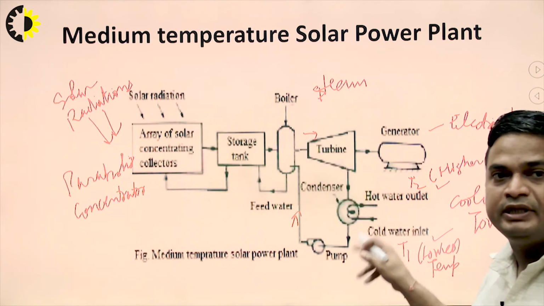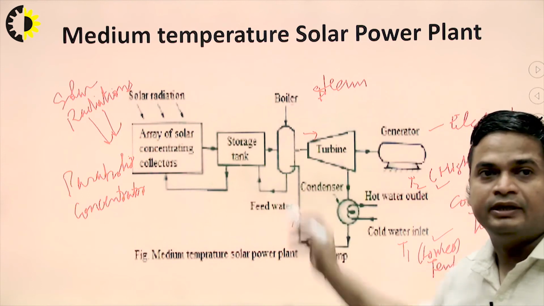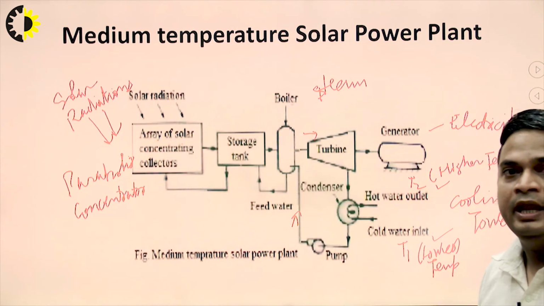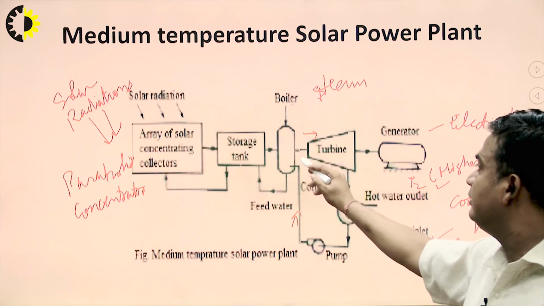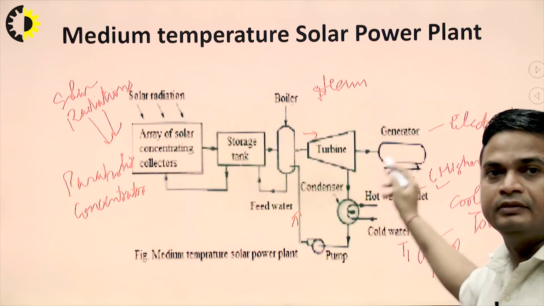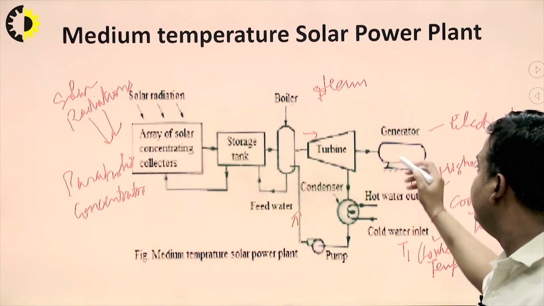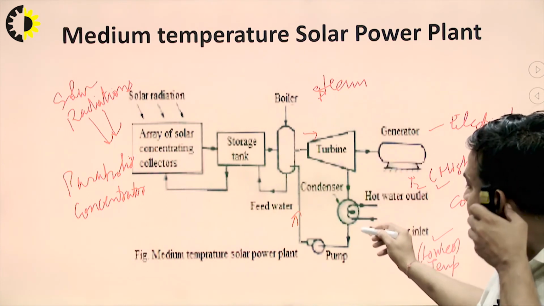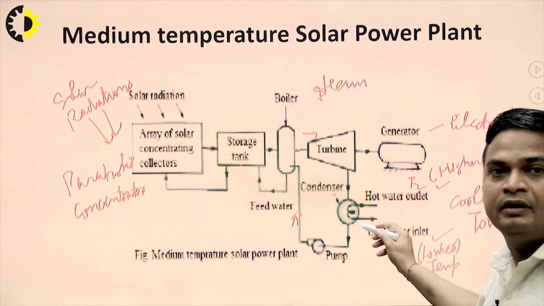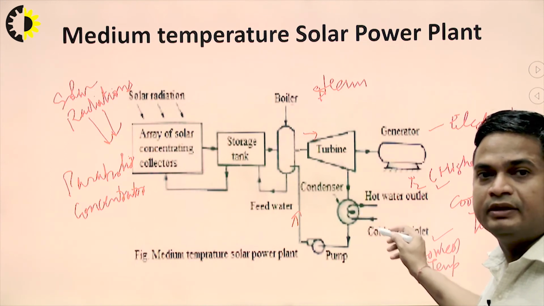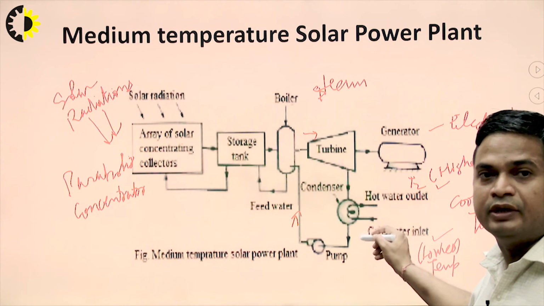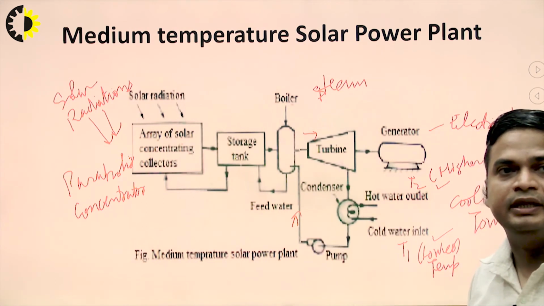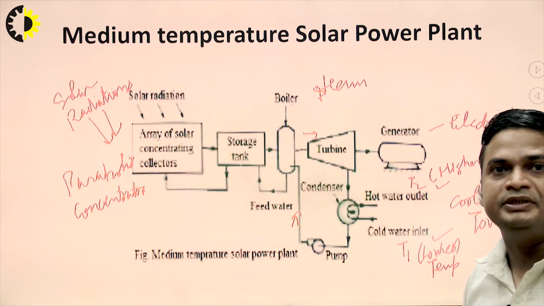So when this water is circulated through the feed water, it takes less energy from this storage tank, and then again boiler, turbine and generator are there. Then the steam is converted into low pressure and low temperature through this hot water cooling tower, converted into condensed form, and then this cycle is repeated again and again. So this is a medium temperature solar power plant.